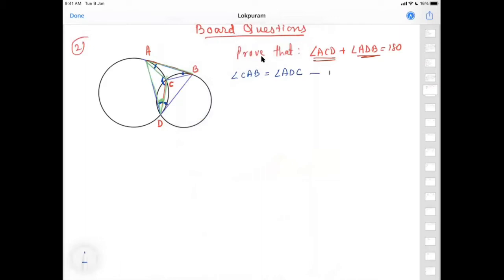This is the first result. Is this clear? Second, we can take angle CBA equal to angle CDB. This is the second result. The reason is angle in an alternate segment.